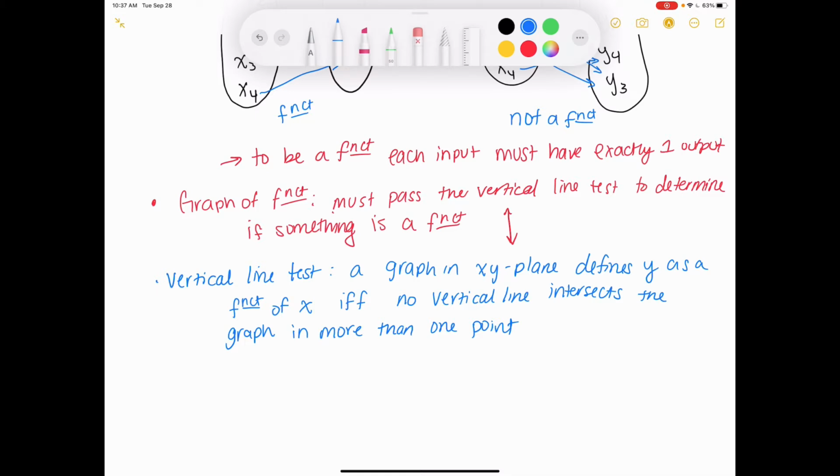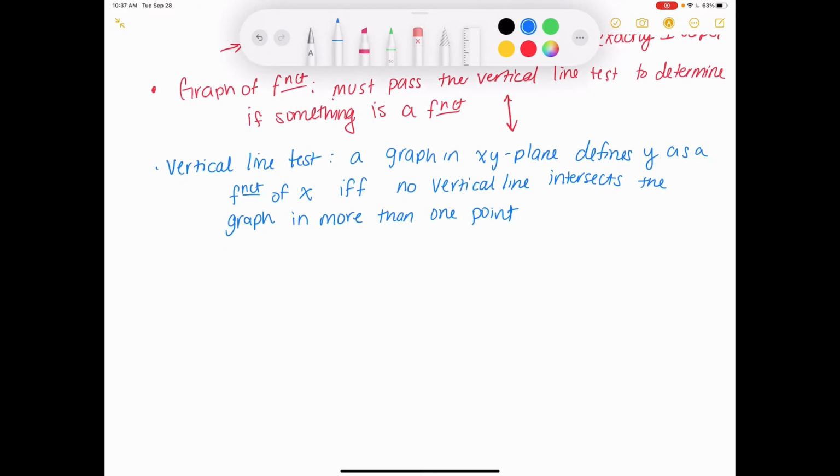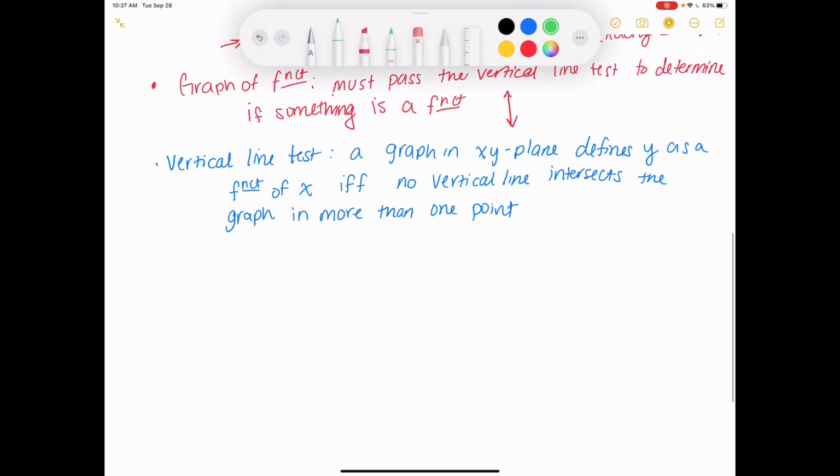All right, so this next thing, I'm not going to actually do any examples of it in the notes, just because I'd rather talk about it in class, but domain and range is kind of the next big thing.